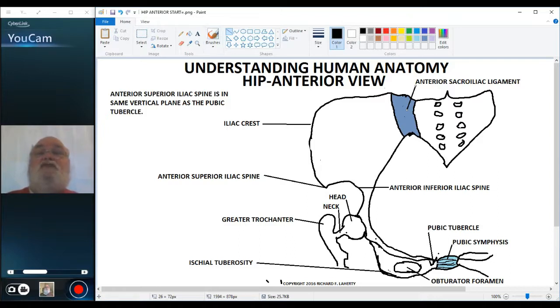I want to sketch in the obturator membrane, and I'm going to draw a little piece here to cordon off a small opening that will be the true foramen through which pass the obturator artery, vein, and nerve. But I'm going to color in the rest of the obturator foramen with the obturator membrane.